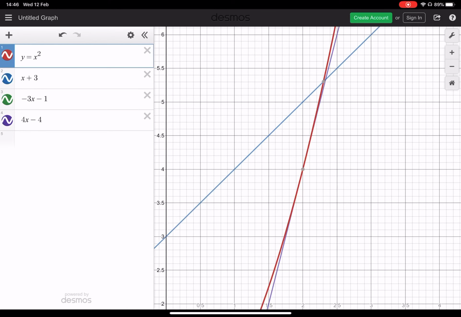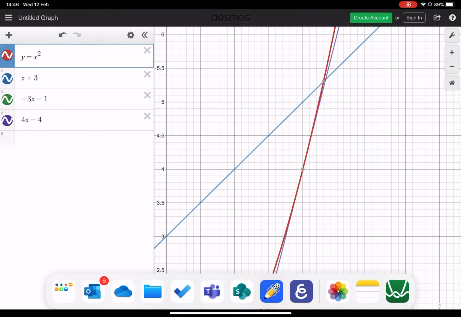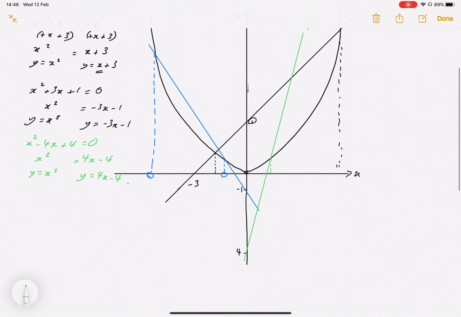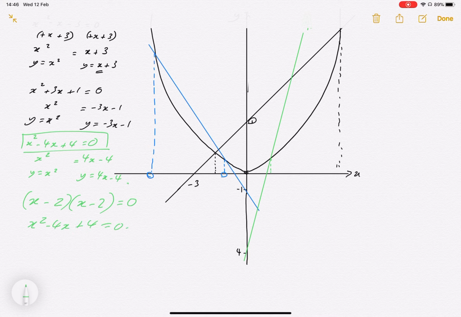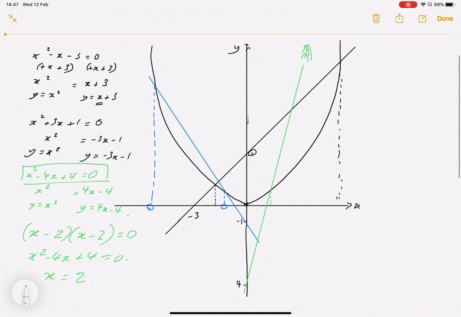So for that one there is only one solution, and I think that actually makes sense algebraically, because I can rearrange that to x minus 2 times x minus 2 equals 0, which actually multiplies out to give x squared minus 4x plus 4 equals 0. So there's only one solution to this, which is where x equals 2. Okay, hope that helps.